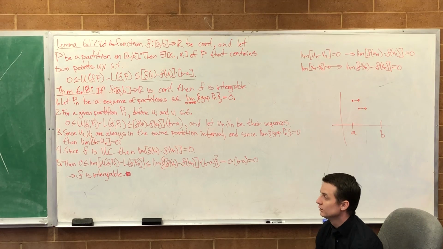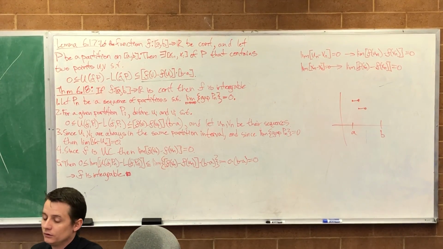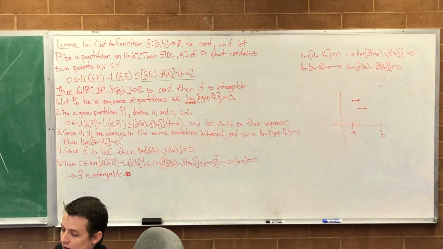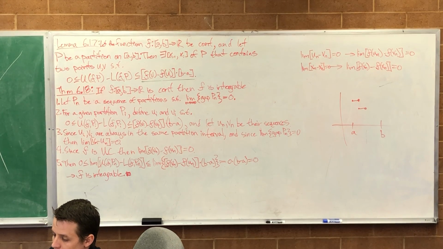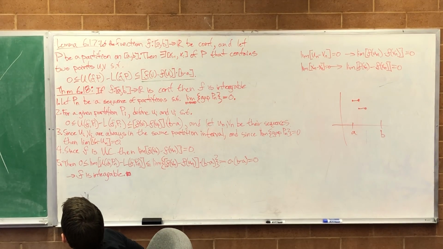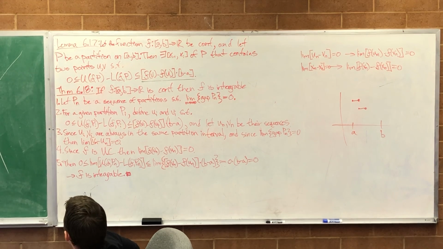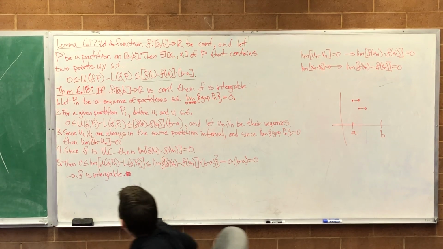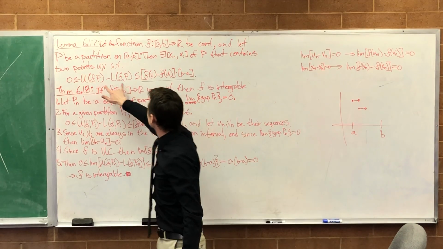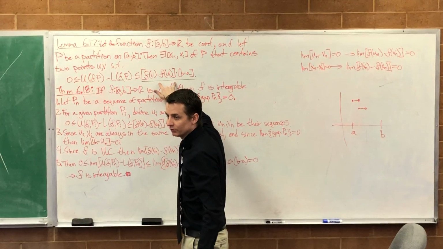Any questions on that one? Anything weird? I understand why the upper minus the lower Darboux sum goes to 0, but are you using the comparison lemma to do that, or is there another theorem you're referencing here? Or is it just logic? You're saying the fact that since this is less than or equal to this, the limit of this is less than or equal to the limit of this?